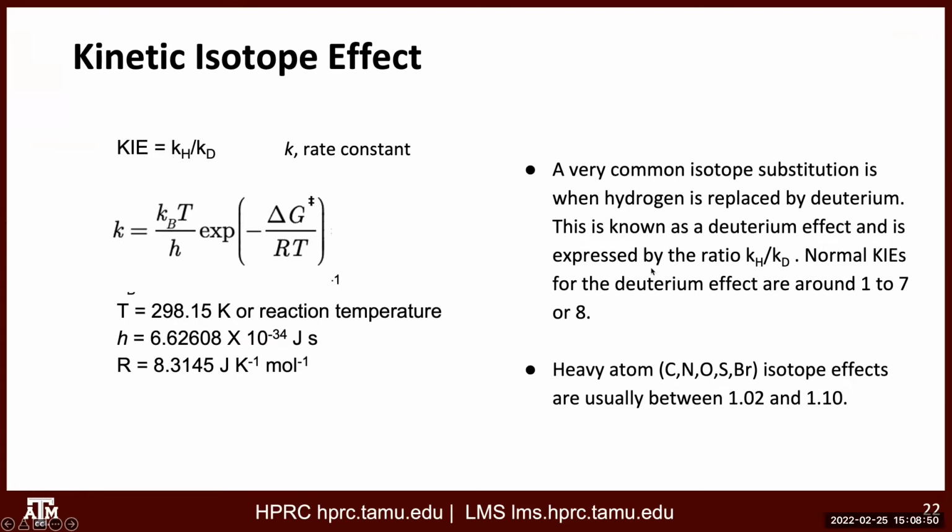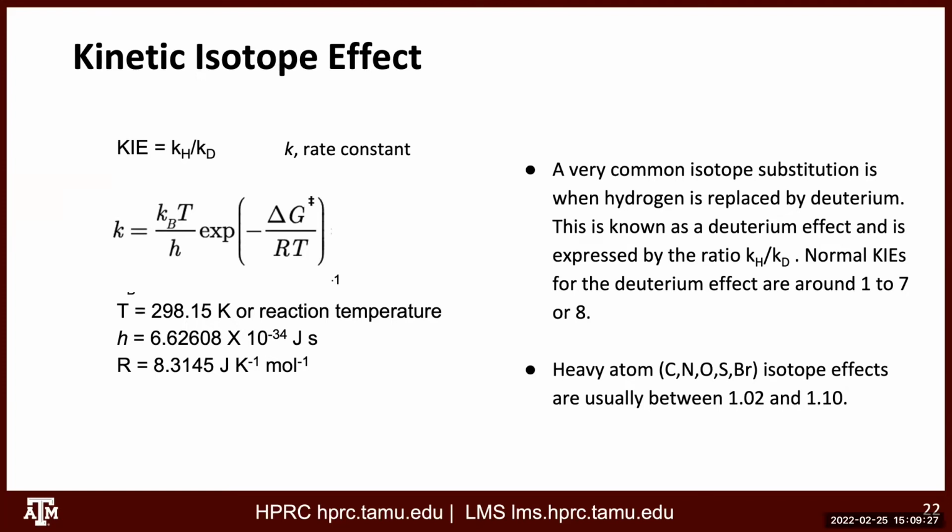In experiments, most of the time, the isotope substitution is from hydrogen to deuterium. This is known as the deuterium effect, and that's why we usually just use kH over kD for the KIE. Normal KIEs for the deuterium effect are around 1 to 7.